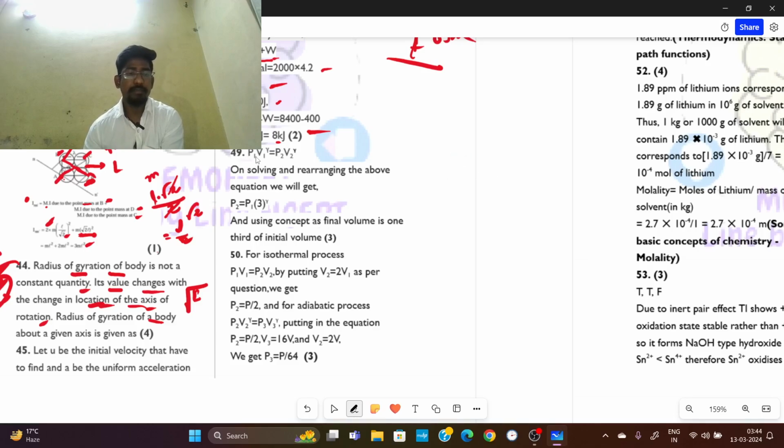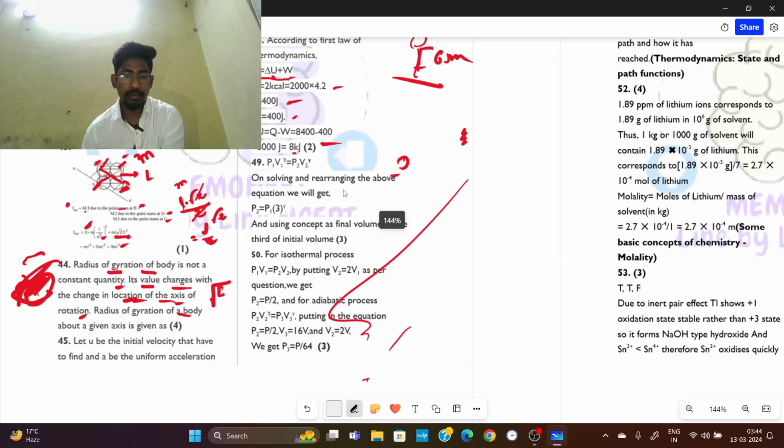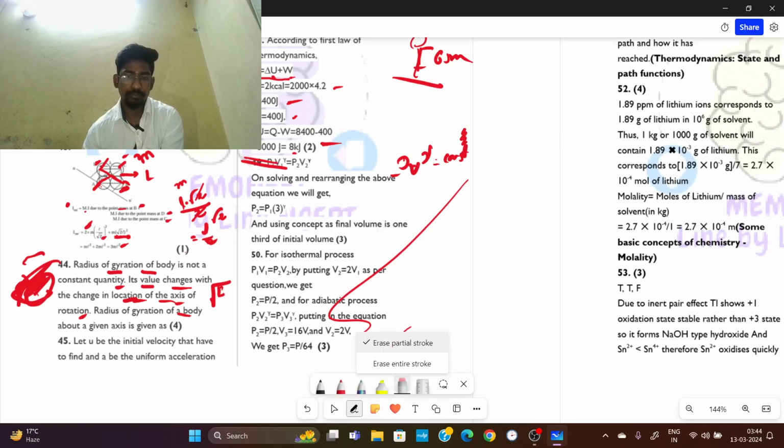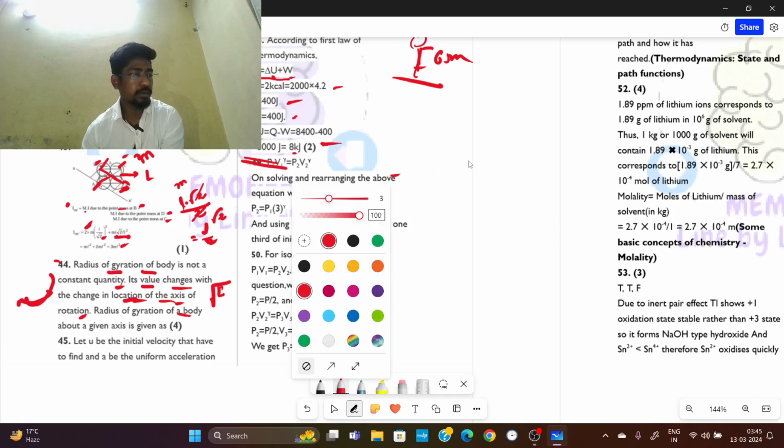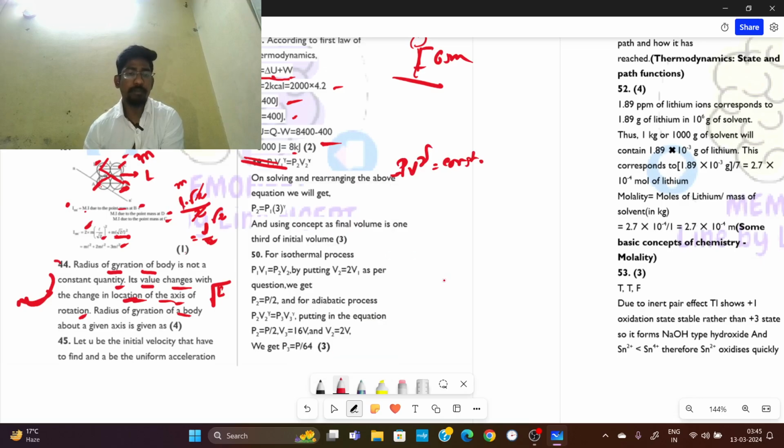From that you will get P1 V1 to the power gamma equals P2 V2 to the power gamma.